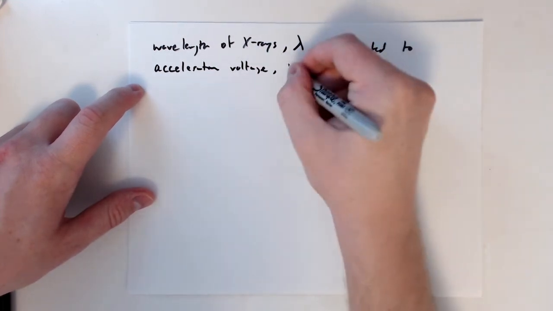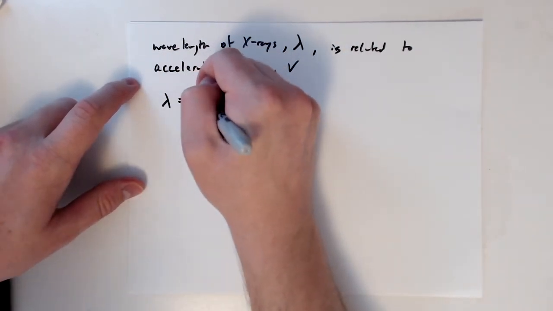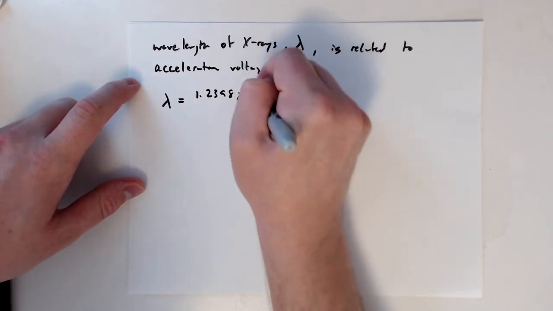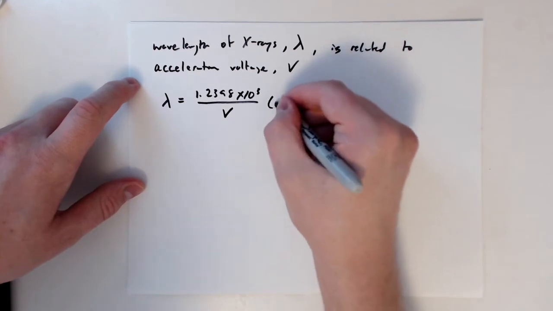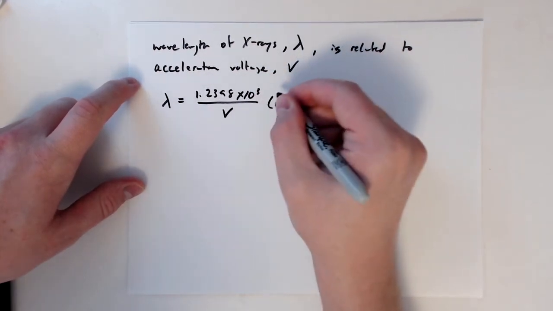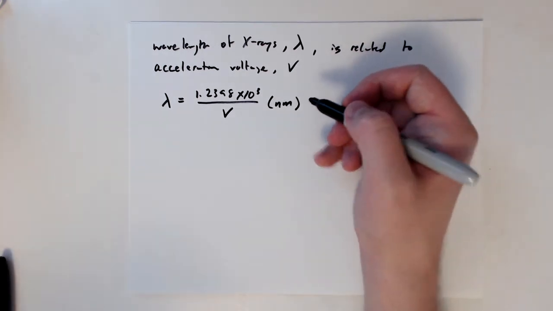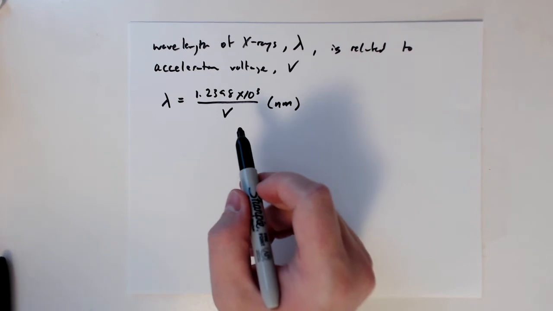And we call that V. So the wavelength is equal to 1.2398 times 10 to the 3 over the voltage. And this is in units of nanometers with this constant that we have up here. So the wavelength is inversely proportional to the voltage.